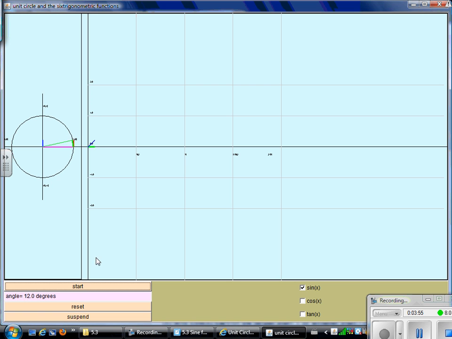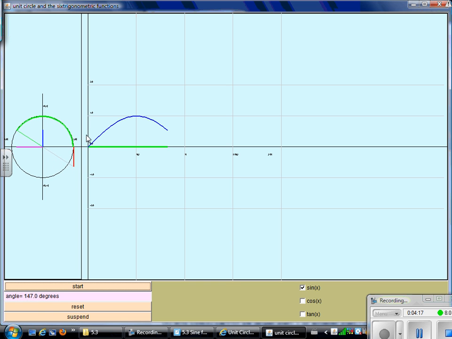So you can see that as we go around and we're making our theta, what's happening here is we're moving along the x-axis in the green. And what we're actually graphing is the blue part, which is represented by the y-axis here.